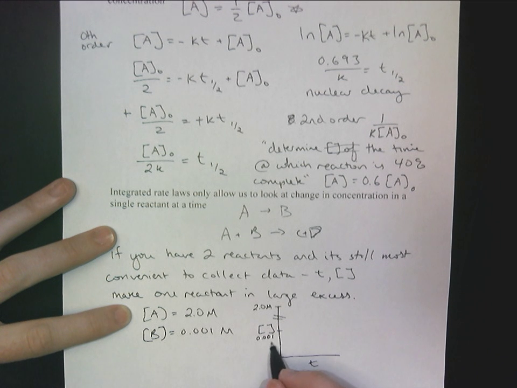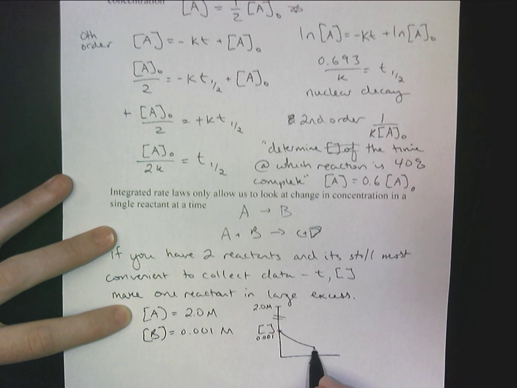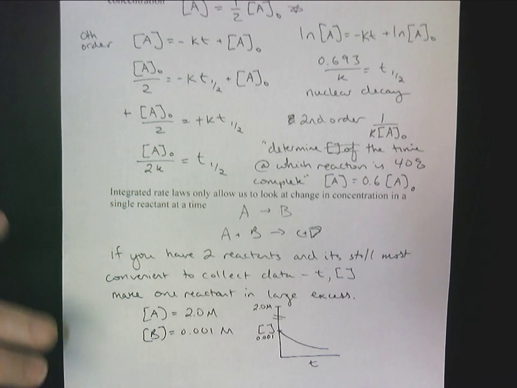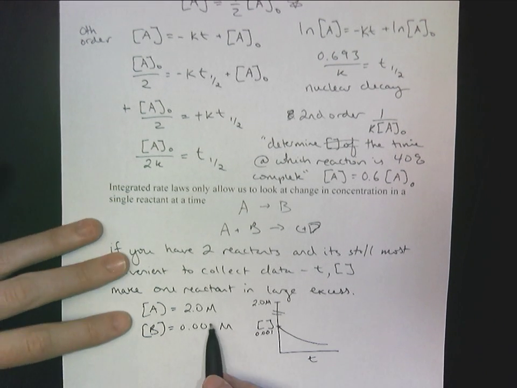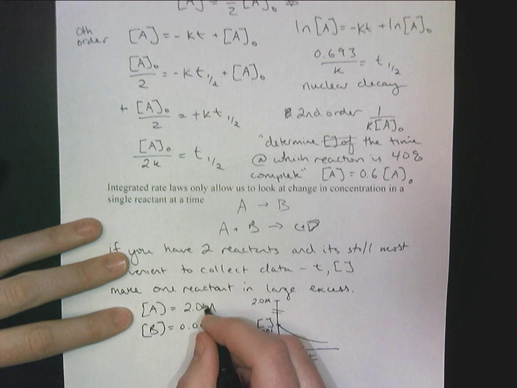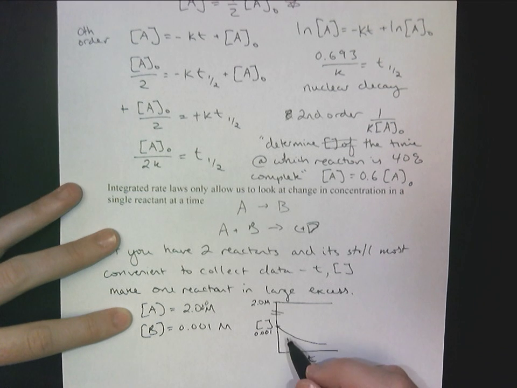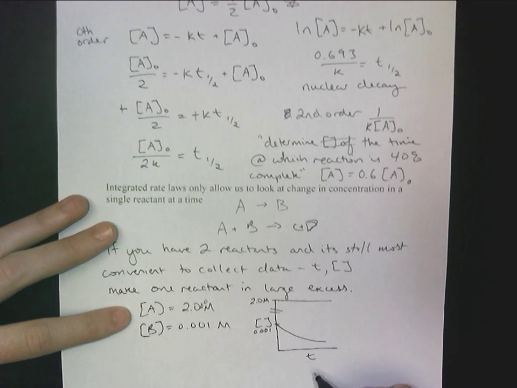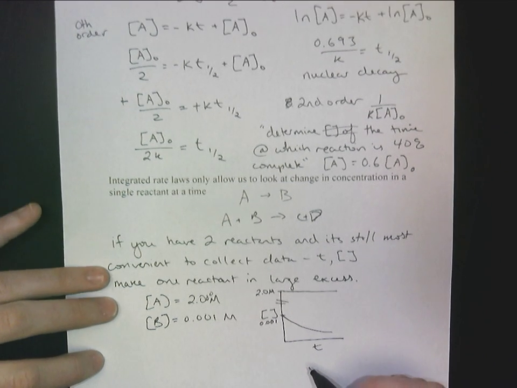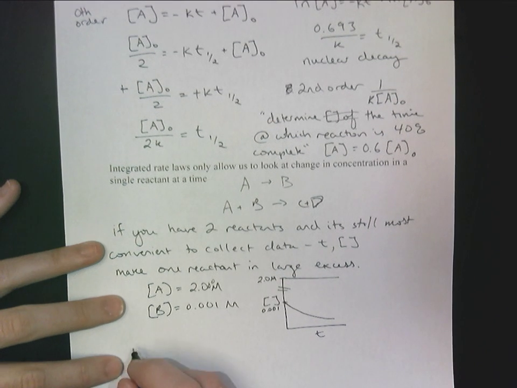Over the time scale of this reaction, B is going to noticeably decrease. A large percentage of it is going to decrease over time. Whereas 2.0 molar, it's pretty much going to stay exactly the same. Yes, it'll decrease in concentration a little bit, but not nearly as much as B will end up decreasing in concentration.